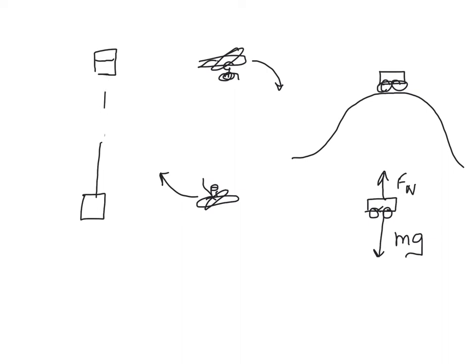And so for the bucket at the top, both the tension force and the gravity force are down. And at the bottom, the tension force is up, and the gravity force, the mg, is down. And similarly here, there's the force of gravity down.